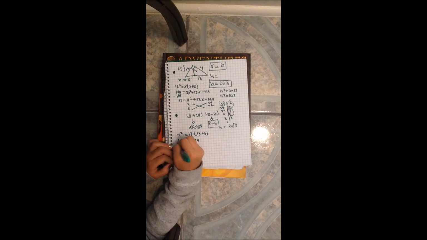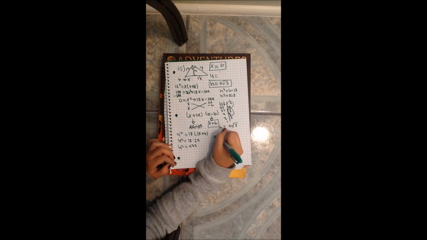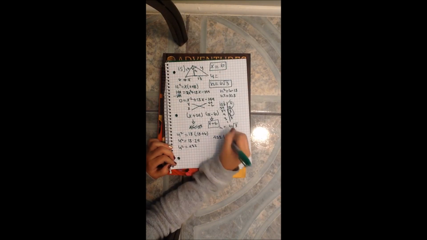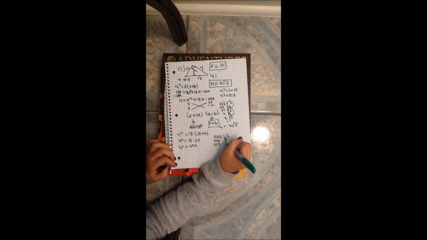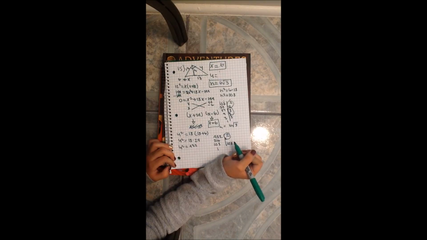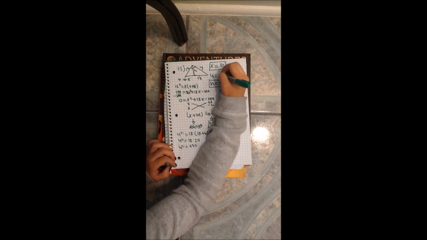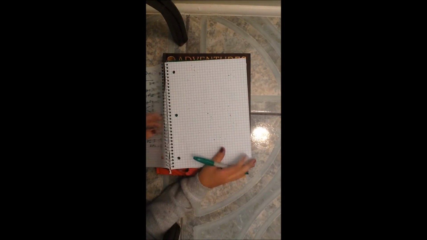And 18 times 24 is 432, and then you factor that out. 432 divided by 2 is 216, divided by 2 is 108, and that can't really be simplified anymore. So you have one pair of 2s, and just 108, so it would be 2 square root of 108. And this would be my y.